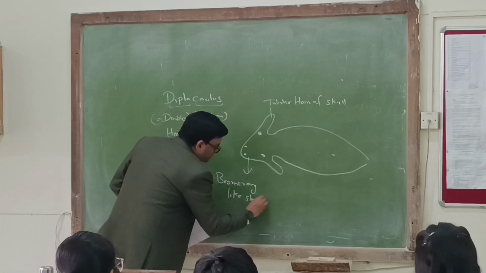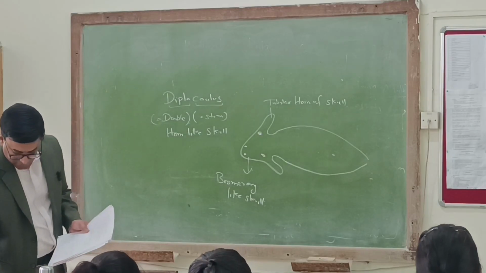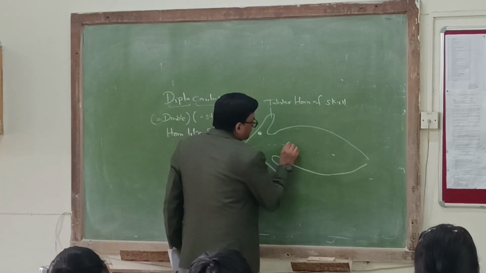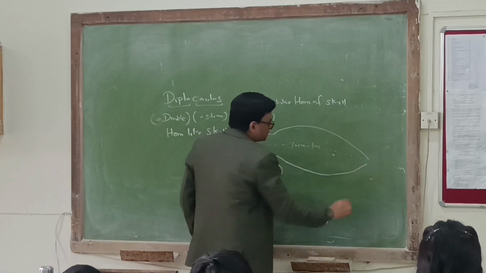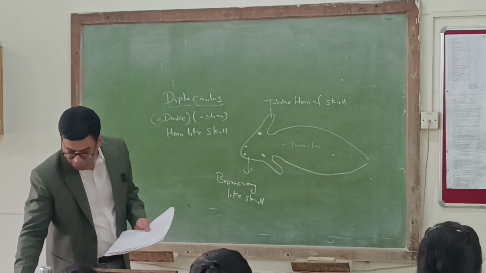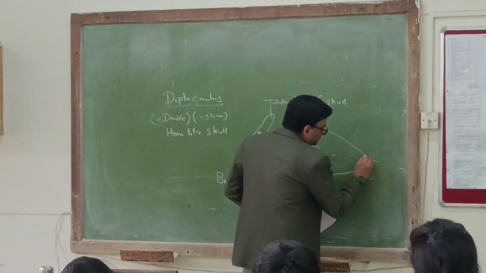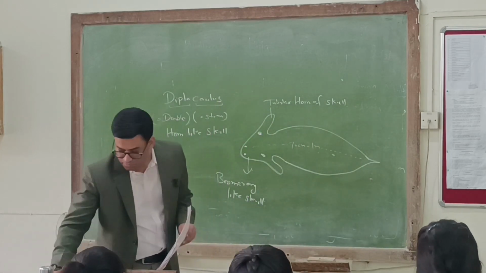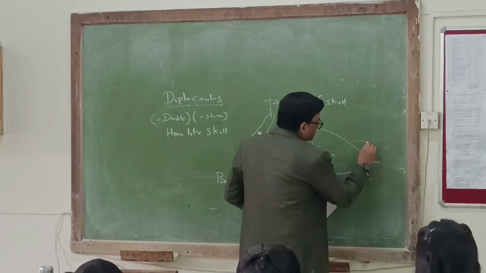We found quite an interesting fossil, not of big size, near about 70 centimeter to 1 meter, having the tail and the tail fin, the caudal fin, which is laterally compressed.